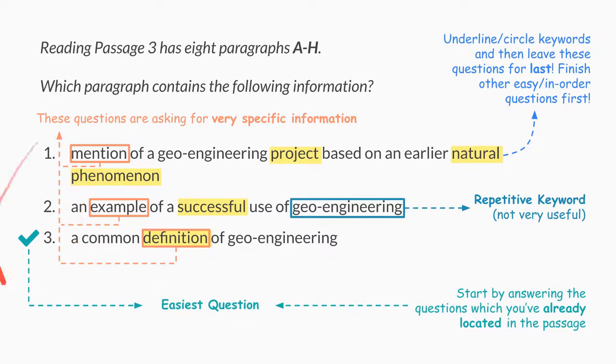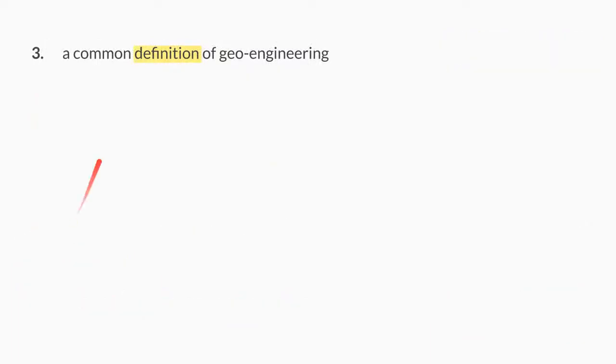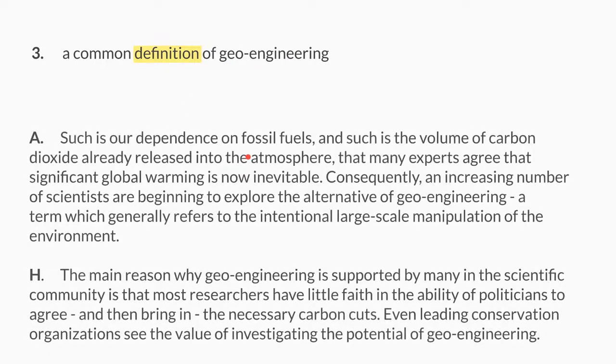Now let's go ahead and start off by answering these questions, and I'm going to start off by answering question number 3. So question 3 is a common definition of geoengineering. So let's look at our paragraphs now. Let's say that we are comparing these two paragraphs. Of course, when you are actually sitting in your test, you are going to have the entire reading passage and you're going to have multiple paragraphs through which you will have to search the information.